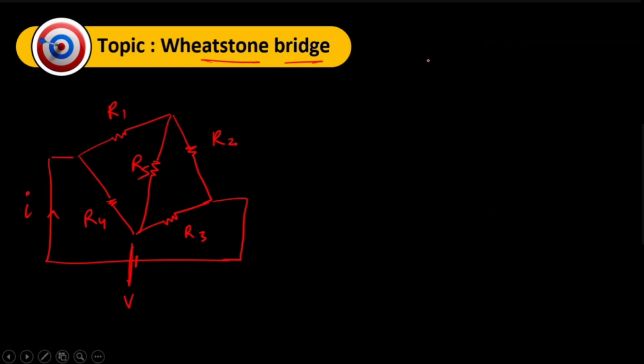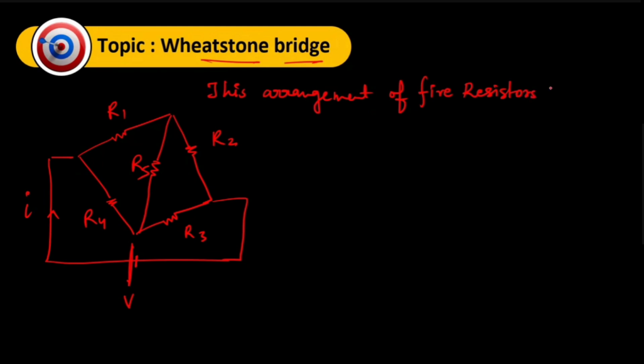So this arrangement of 5 resistors is called Wheatstone bridge. Whenever you find that this is the arrangement of the circuit, we will call that circuit a Wheatstone bridge.